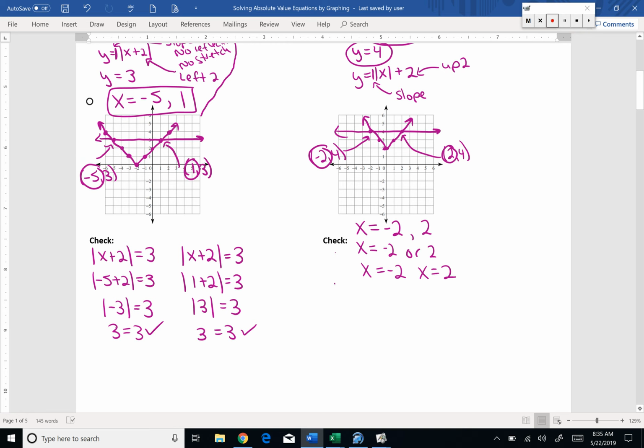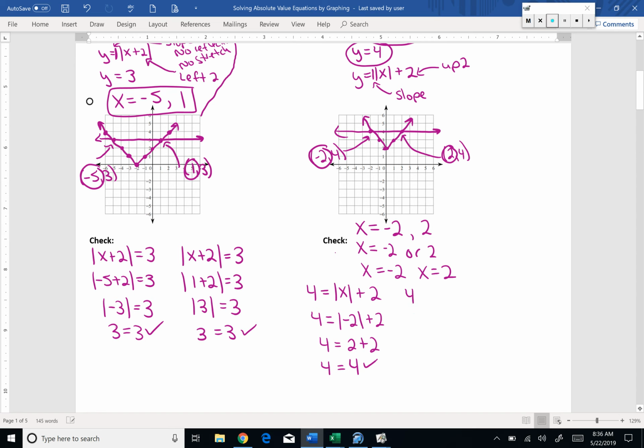So when we go to check, we put our solutions in one at a time. So -2 goes first. Absolute value of -2 is 2. Then 2 plus 2 is 4.